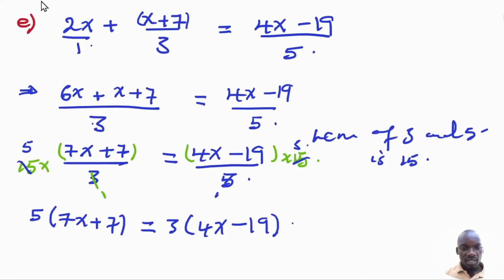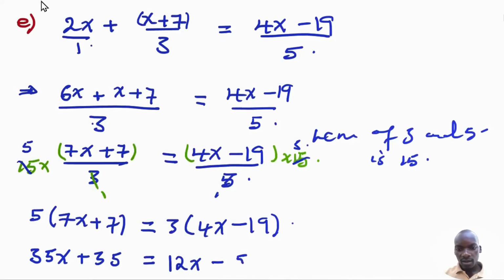So our next step, we are going to enter this 5 by multiplying it through. So 5 multiplied by 7x, we are having 35x, then plus 35 equals to 3 multiplied by 4x, this is 12x, then minus 19 multiplied by 3, it is giving us 57. As we proceed, we are going to collect like terms. Remember, we have 35x plus 35 equals to 12x minus 57.